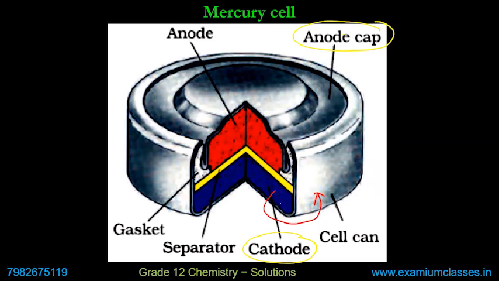This lower disc is the anode. These two, anode and cathode, are separated by an insulator, which is written here as gasket. So this gasket provides separation and insulation between anode and cathode.